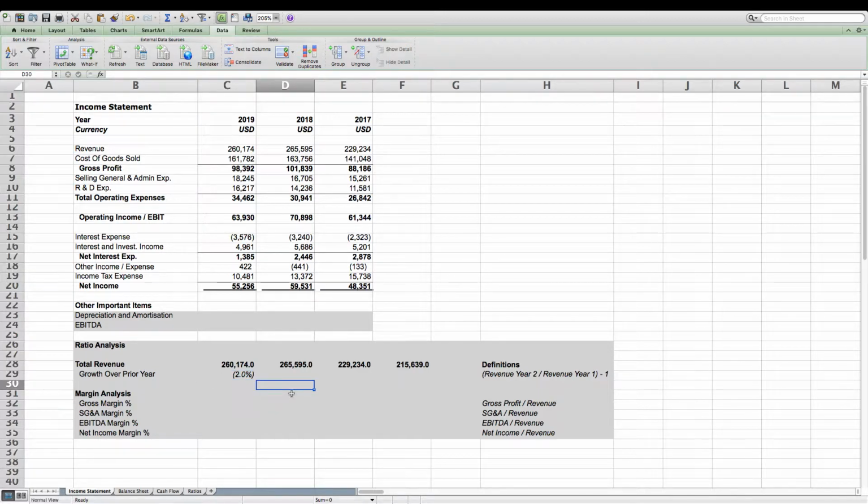Now I'm going to copy this formula and paste it over to the following 2 years, and boom, it gives me the rate of growth, or more specifically the rate of change of Apple's revenue in the current year versus the previous year. And I've provided the formula here. It's effectively the revenue in the next year divided by the revenue in the previous year minus 1, and it gives us a percentage number.